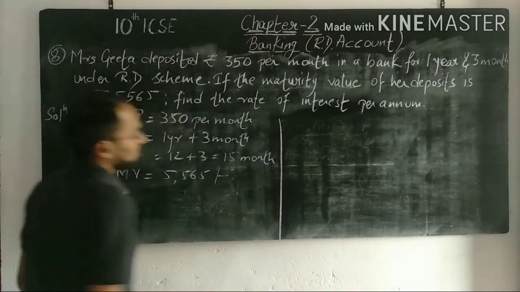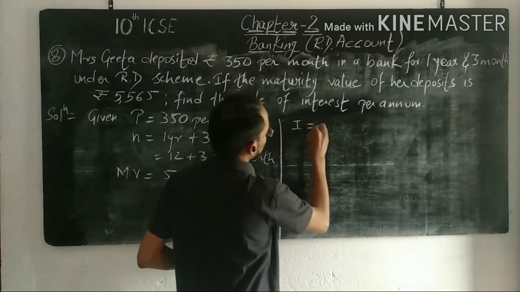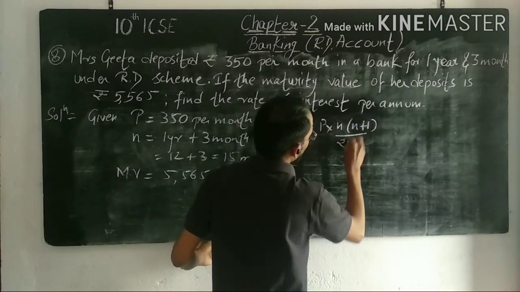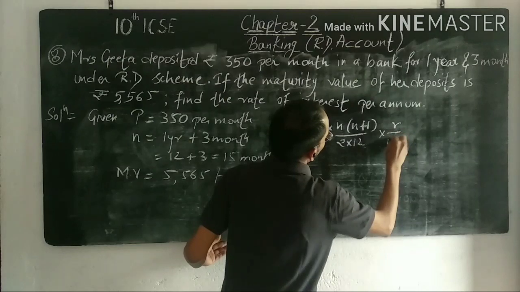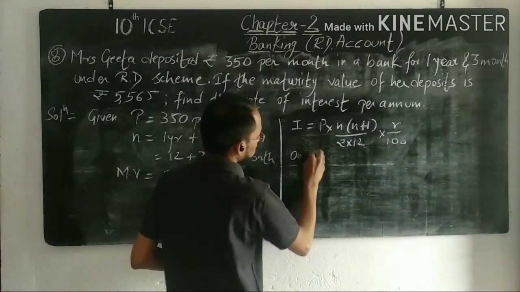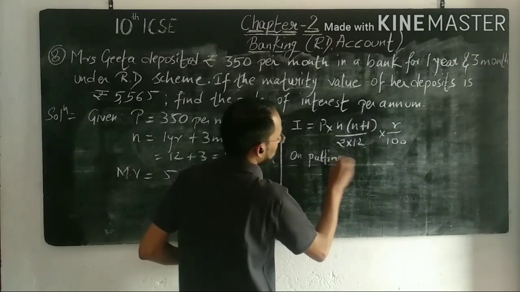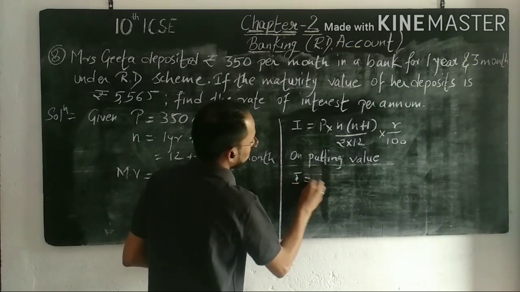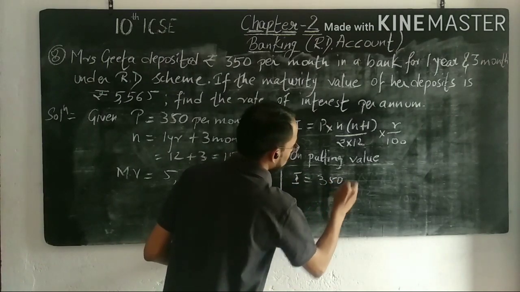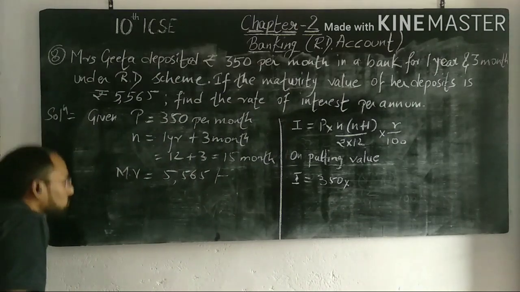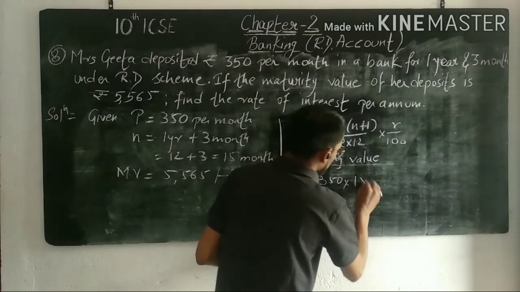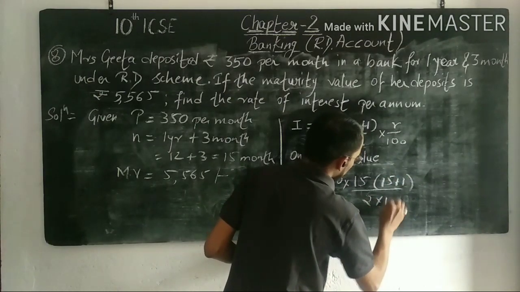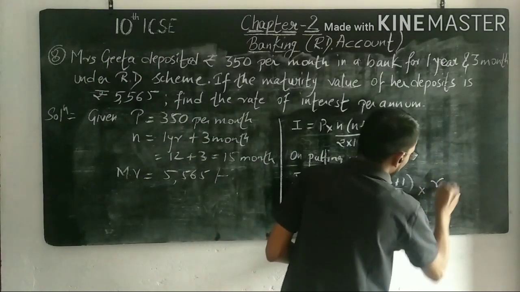So using the formula of interest, which is I equals P into n into n plus 1 divided by 2 into 12 into R upon 100, on putting values, I equals P, which is 350, into n, which is 15, plus 1 divided by 2 into 12 into R upon 100.